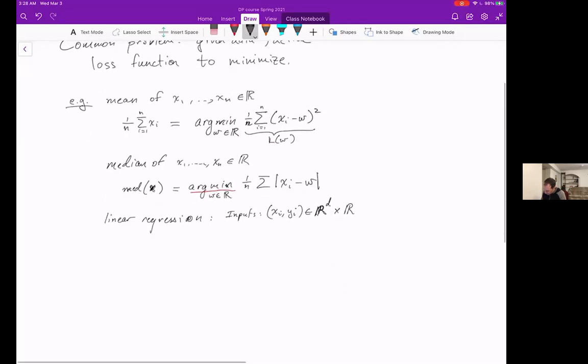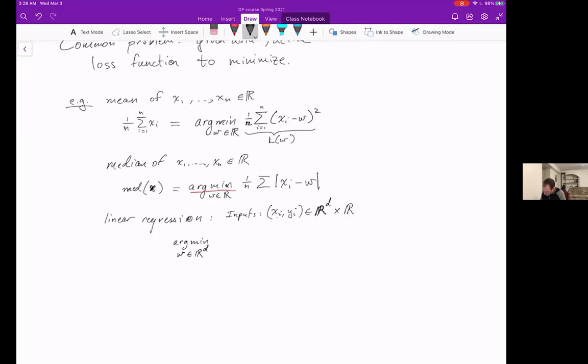And the loss function that we minimize when we're doing ordinary least squares linear regression is the following. We're interested in minimizing over w in R to the d. The number of parameters is equal to the dimensionality of the data vectors xi, or sometimes dimensionality plus 1 if we want to add a constant term.